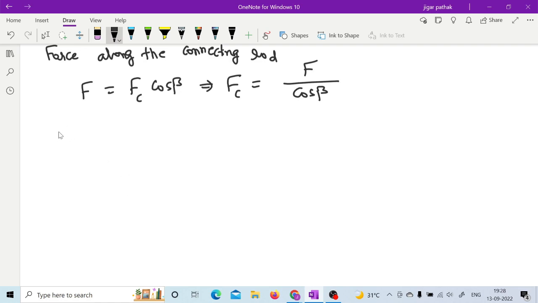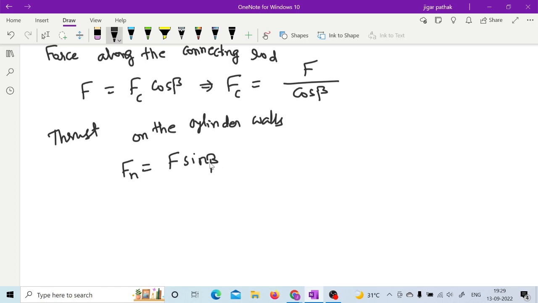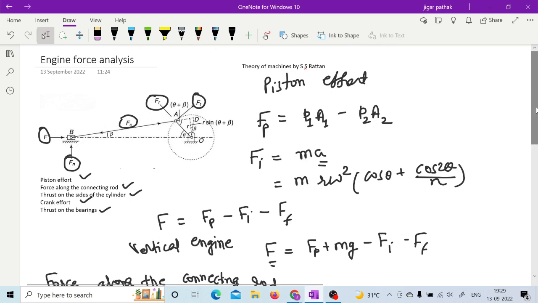Similarly, that thrust on the cylinder wall can also be calculated from the piston effort, right? I am showing you the figure.